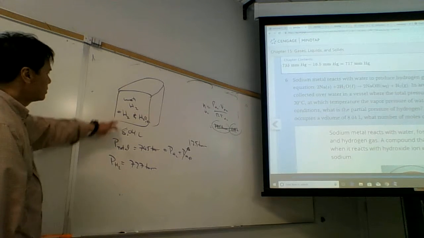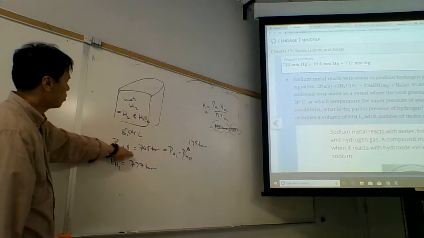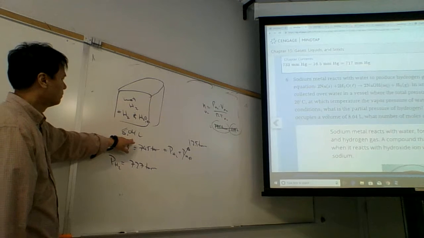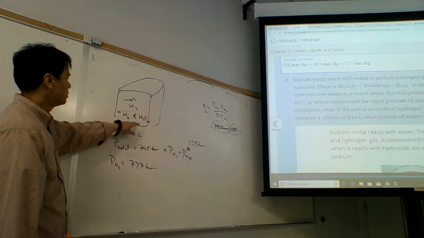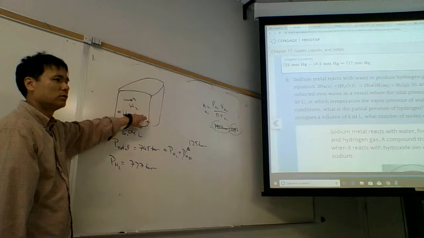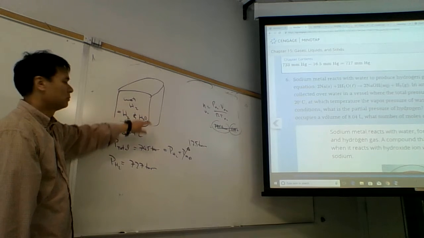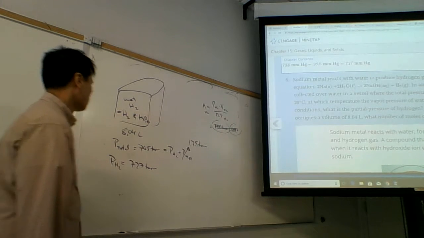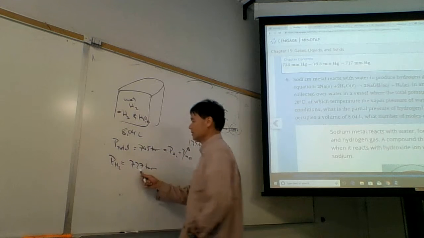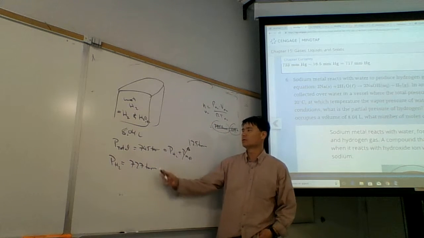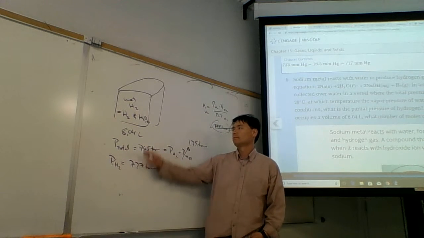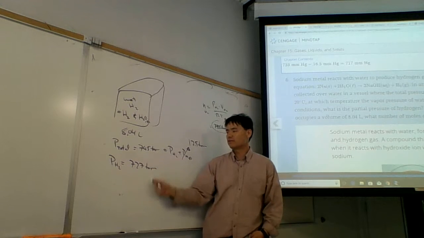If we say the hydrogen is 745 torr, then the volume is going to be a fraction of the total. If we say the pressure is 727 torr, then the pressure is a fraction of the total.